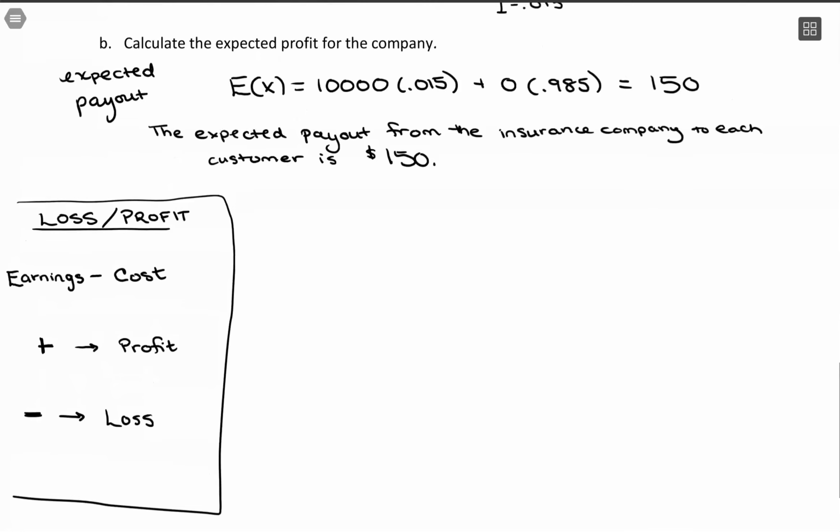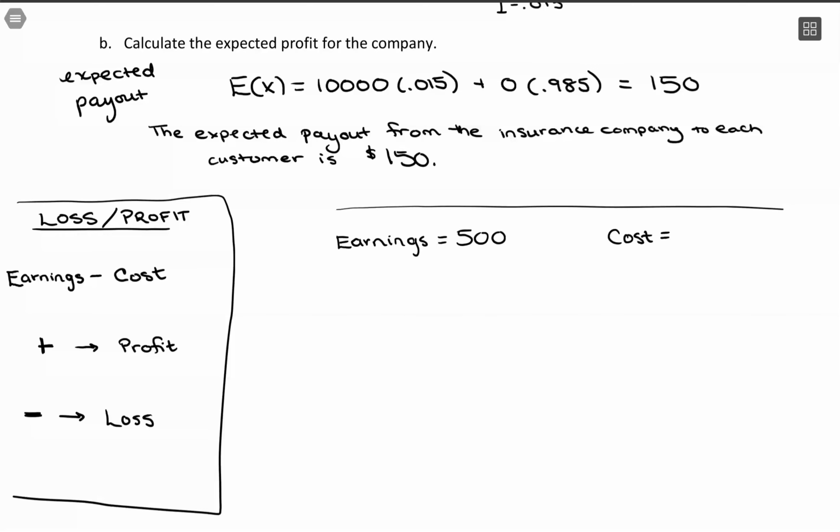So for our case here, if we're the insurance company and we want to get an idea of are we profiting or losing money, our earnings for a single customer is we're making $500 from each customer. The cost that's being incurred from each customer is this expected payout of we expect to pay out about $150 for each customer.